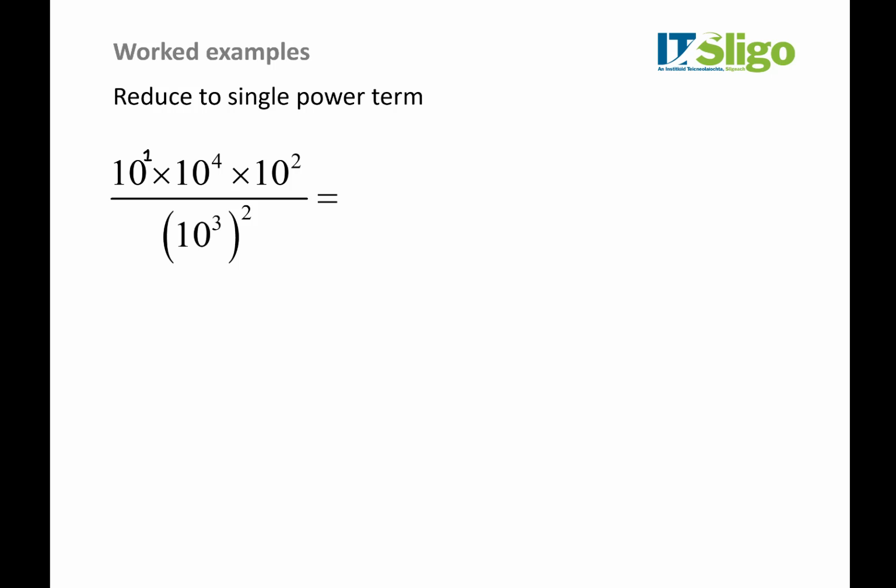So the top line, guys, I'm going to work that out first. They're all being multiplied. Using rule 1, I'm going to add the 3 powers. 1 plus 4 plus 2 is 7. On the bottom, guys, I have 10 to the power of 3 raised to the power of 2. So that's rule 5. I multiply the powers.